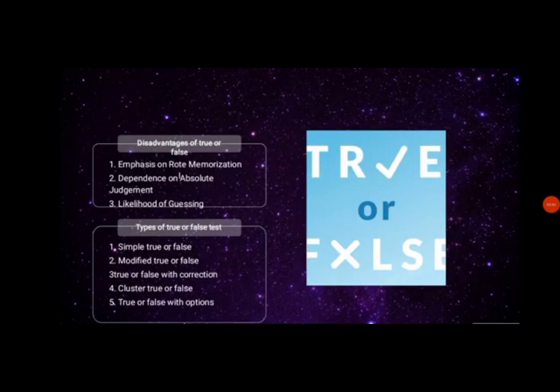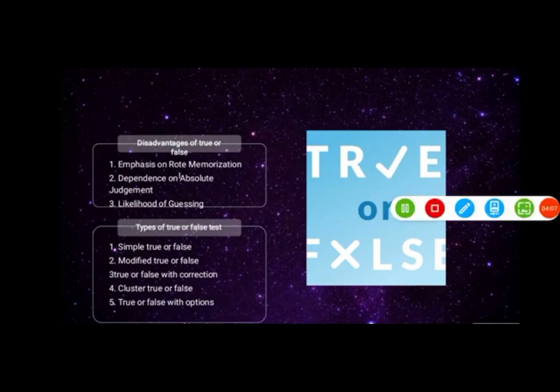So what is the disadvantage of true or false test? Number 1 is emphasis on rote memorization, dependence on absolute judgment, likelihood of guessing. So, emphasis of rote memorization.